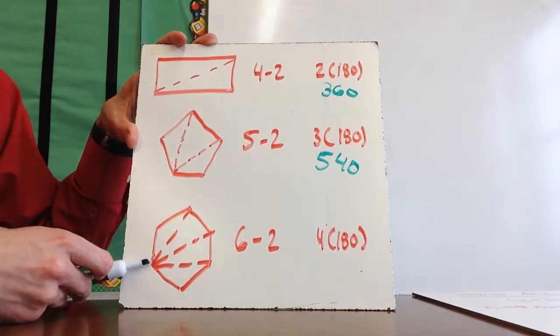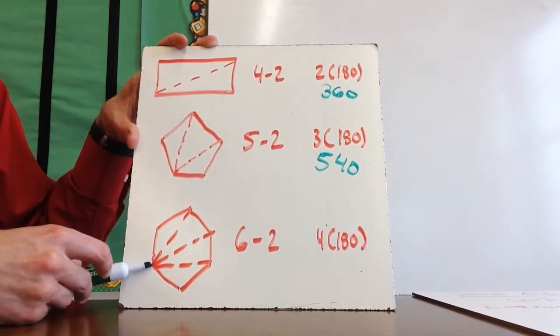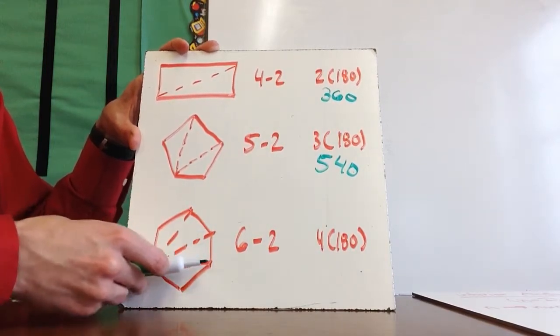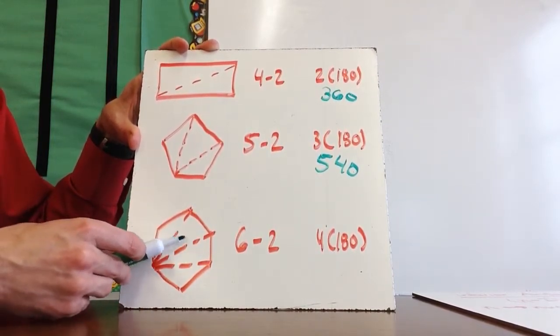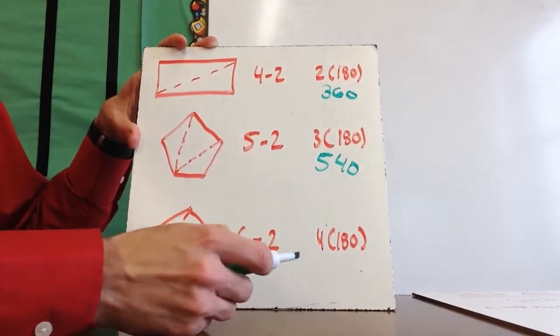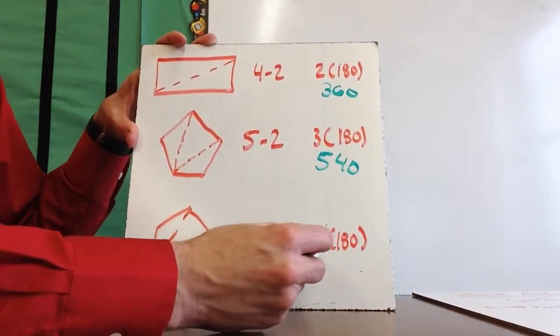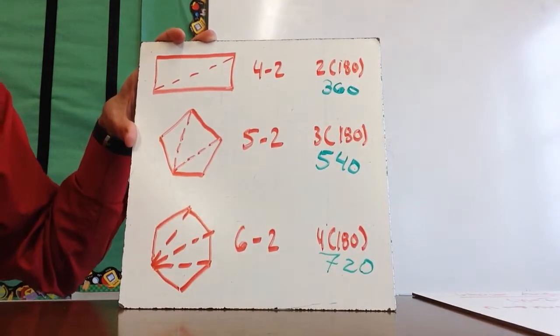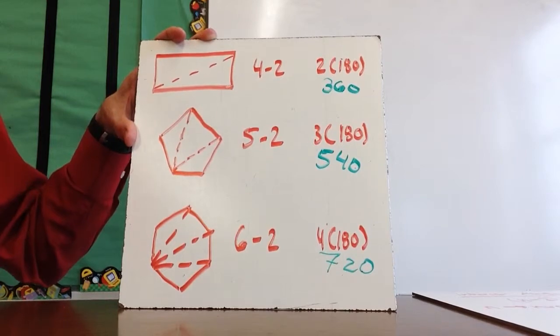And then a hexagon down here is 6 sides, and if I draw the diagonals out of one of these angles, you'll see that I got 1, 2, 3, which means that I'm going to break this into 4 different triangles. 6 minus 2 gives me 4. 4 times 180 is 720, and so there are 720 total degrees inside of a hexagon.